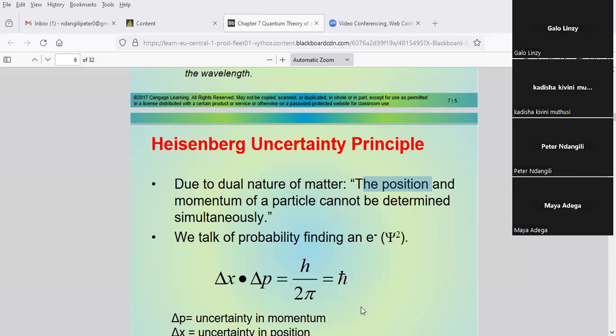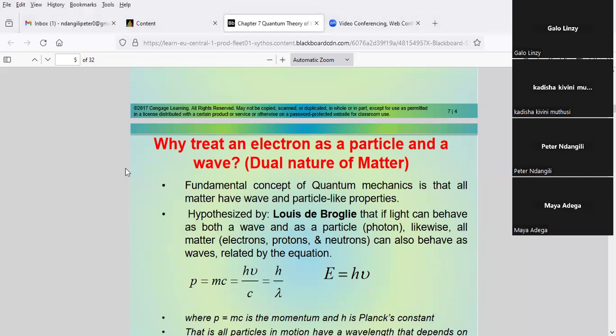Yes, Kadisha. My question was on the dual nature of matter, whereby we were saying that mc is equal to h nu over c. My question is, the velocity and nu in this case, we take it as the same thing. I couldn't understand that part. Very good. What I'm saying here is that the c being used in this equation is the speed of light.